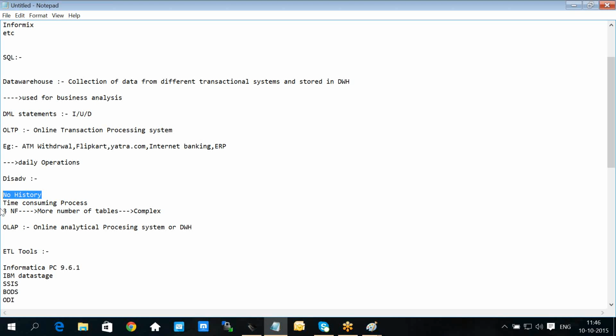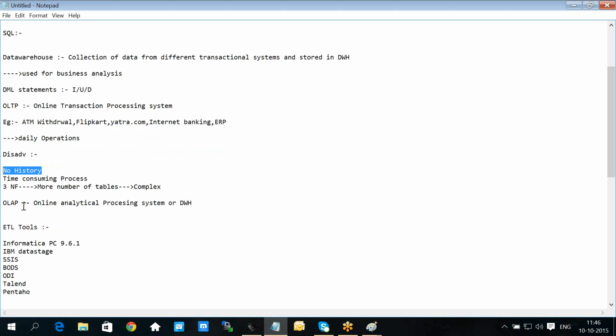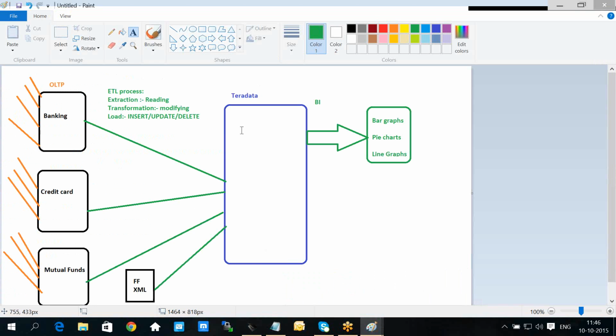So this is more about the different disadvantages. The OLAP system, or your data warehouse, will overcome all of these disadvantages. Since the data is centralized in one place, you can generate a report easily.